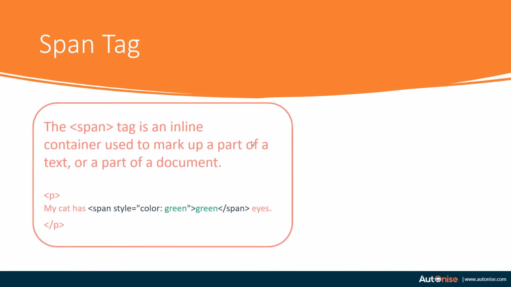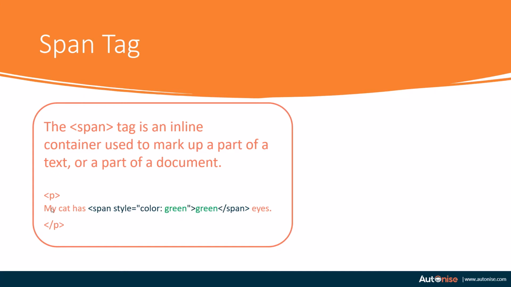Next, there is the span tag. The span tag is an inline container used to mark up a part of a text or a part of a document. Now it might sound a bit confusing, so let me break it down for you. What it effectively means is that there is the p tag which has some text. Now you want to apply some specific styling or some specific logic to a part of your p content.